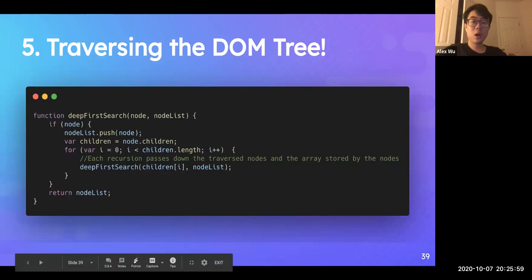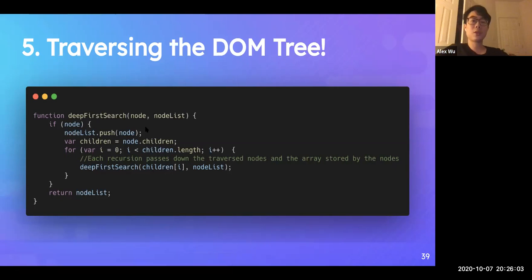And finally, you can also traverse the DOM tree. For people that have finished 61B, a tree is a very useful data structure since we can traverse it. Traversing is essentially going through all the nodes. Here is a way to traverse the tree. We won't go into this in detail, but this is a depth first search for traversing the tree.